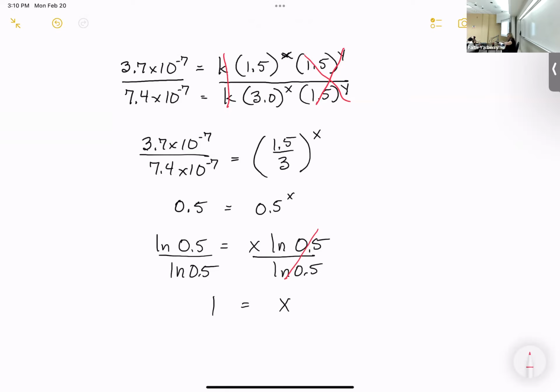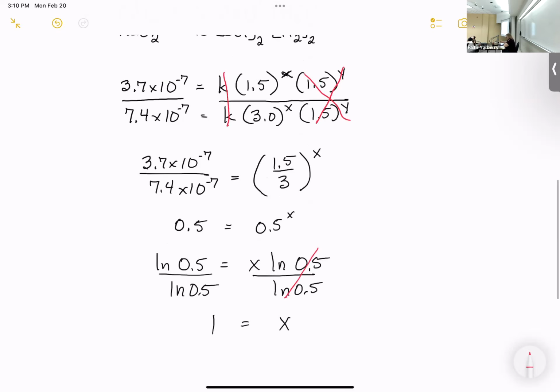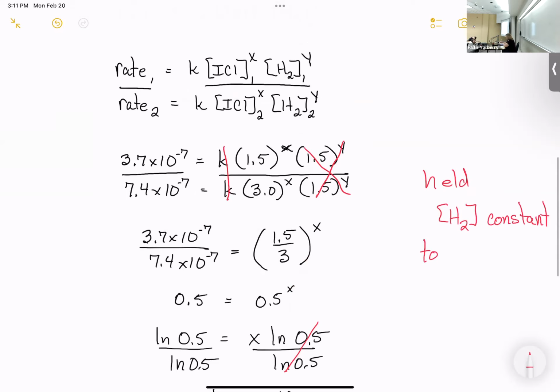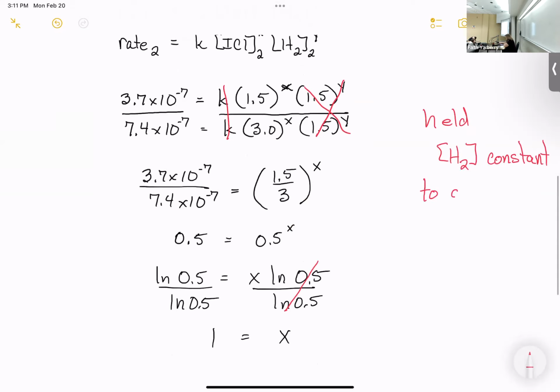So this gives us the value of x, because what we did is we held the H2 constant to get the order of the ICl.